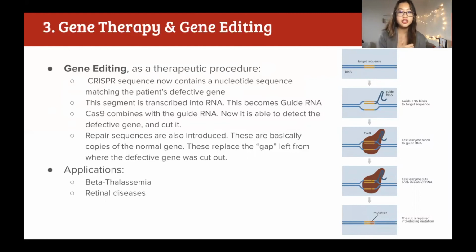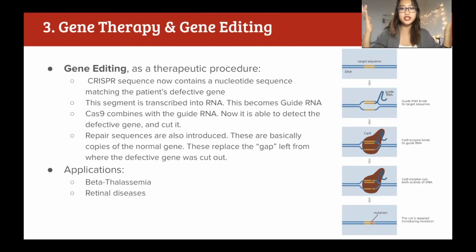So this segment is then transcribed into RNA, so now it becomes guide RNA. Now that you have guide RNA that matches your faulty gene, Cas9 combines with the guide RNA. You can now tell where your faulty genes are, and it can go in and cut your faulty gene out. So this means that now your faulty gene has been removed from your genome.